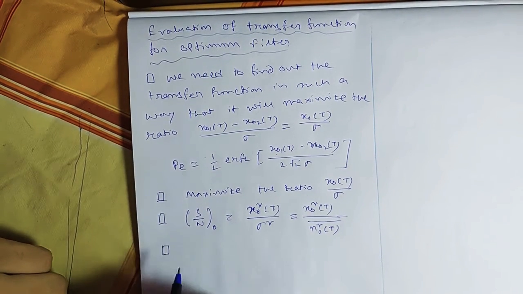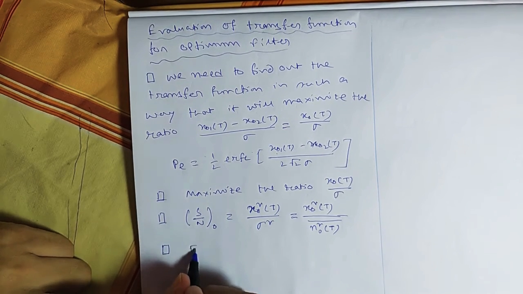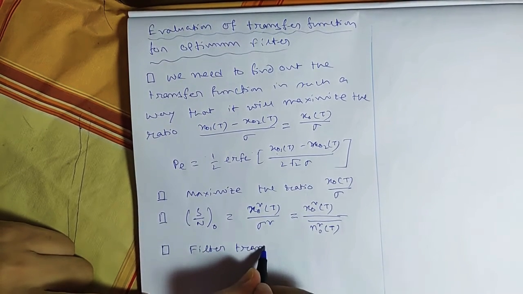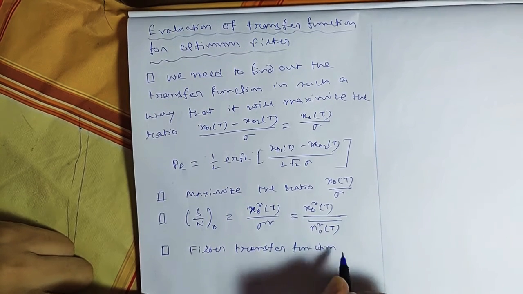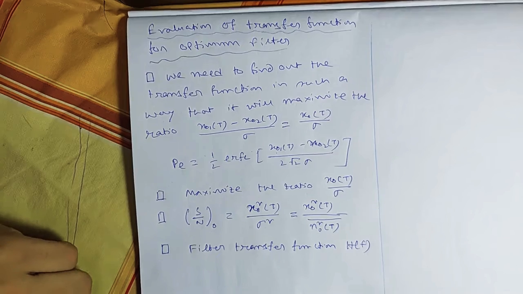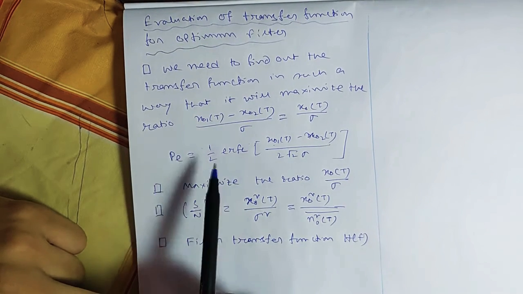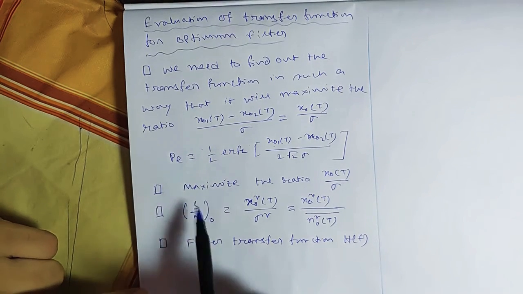Let us assume that the filter transfer function is H(f), which will minimize the probability of error and maximize this ratio.